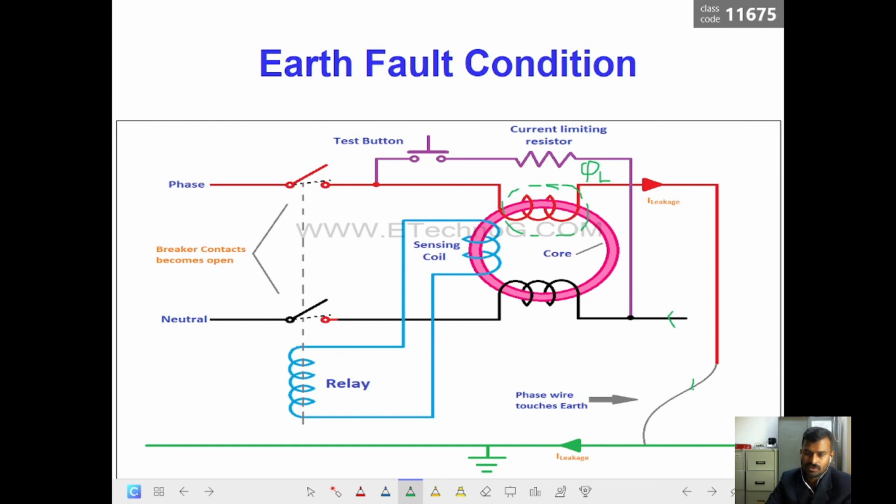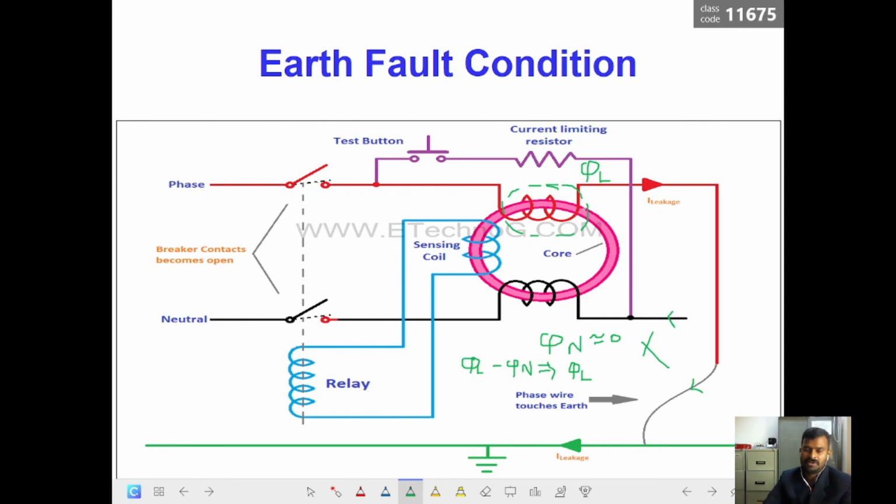Now the current goes to the ground directly, so no current is coming here. That means phi neutral is almost equal to 0. So the difference between phi L and phi neutral has a certain value, equal to phi L itself.